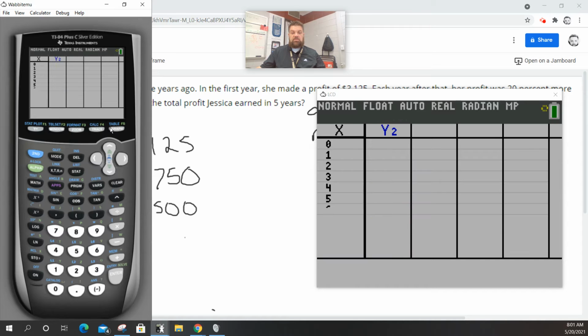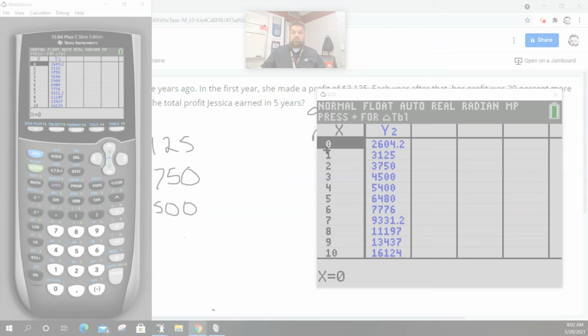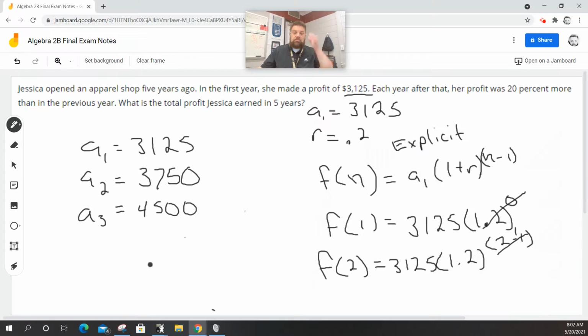Now if I hit my table of values, the first term will be 3,125. We're looking for terms 1, 2, 3, 4, so the calculator will just crank through and find them all for me, and we're looking for the first 5 years.